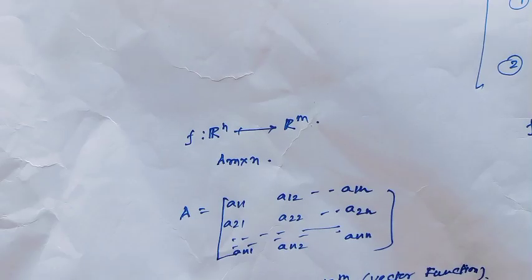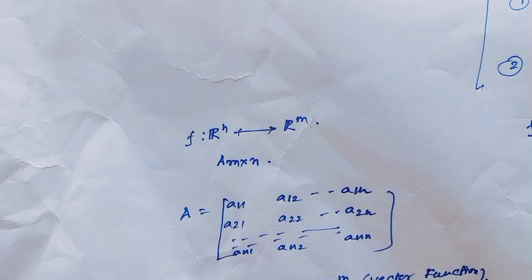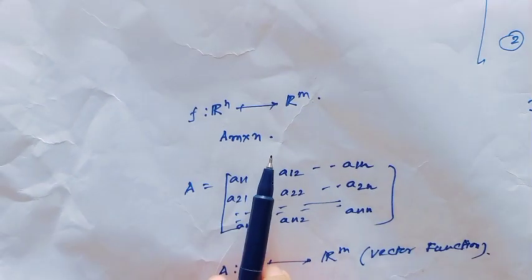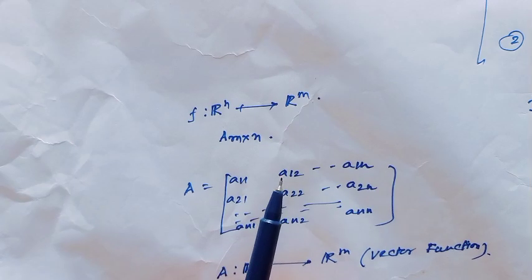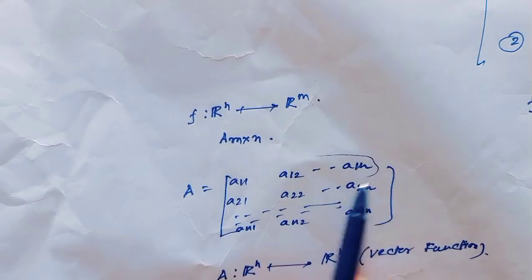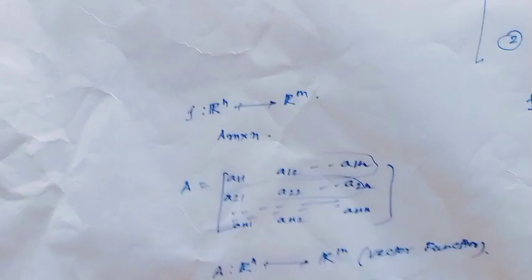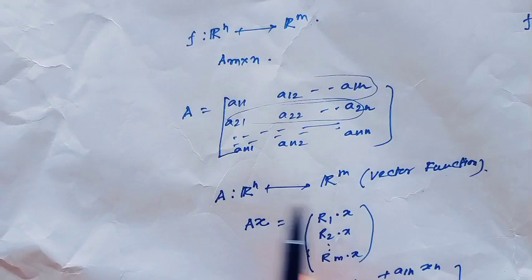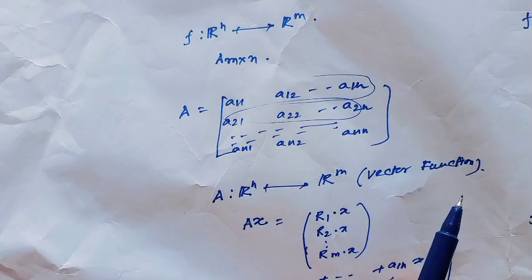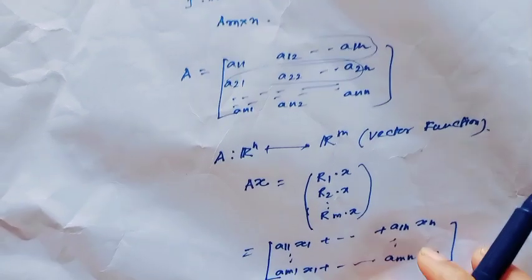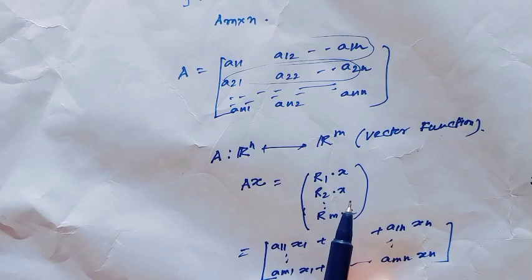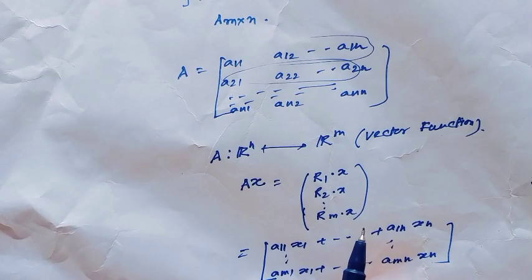Now if we consider a function from Rn to Rm, obviously this is given by a matrix A of size m cross n, where each row of A is a vector. The function is defined as A from Rn to Rm, which is a vector function, defined as Ax, which equals (r1 dot x, r2 dot x, up to rm dot x).